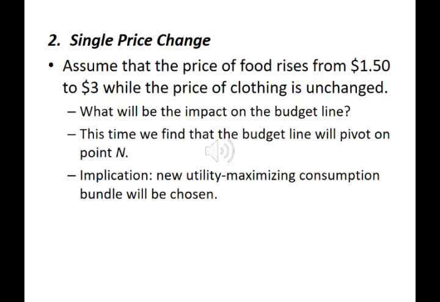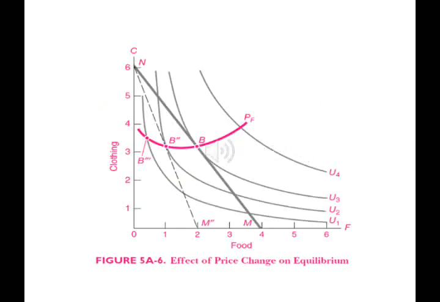What will be the implication on the consumer equilibrium? Of course, we will have a new consumer equilibrium, as we can see from the next graph. So what do we have on this graph? We have our consumer's indifference map, as usual.